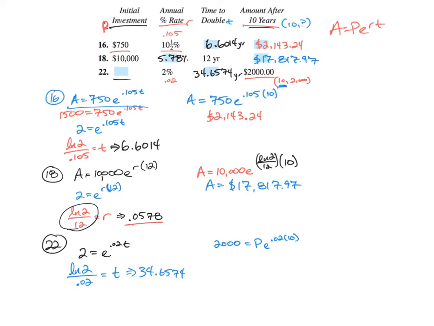What's the relationship between P and this e to the whatever? They're being multiplied. So what do I need to do? I need to divide. So P is equal to 2,000 over e to the 0.02 times 10. Now I'd put that into my handy dandy calculator.